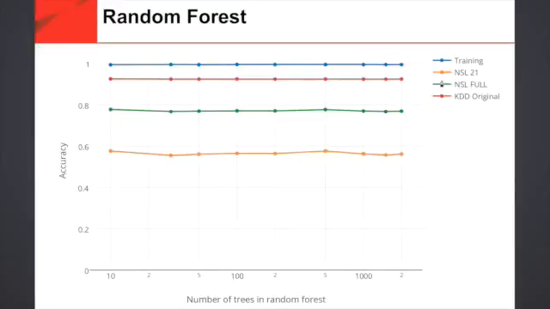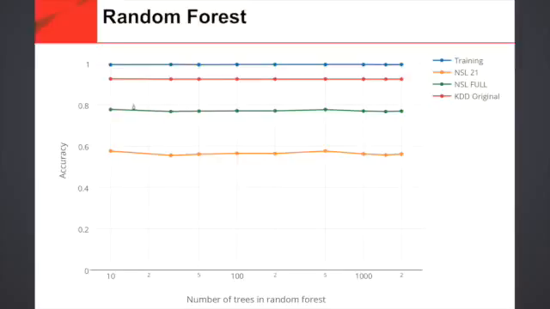You can see that the NSL21 dataset caused a pretty low accuracy of around 60%. Notice that it's a binary classification, so this result is pretty low.